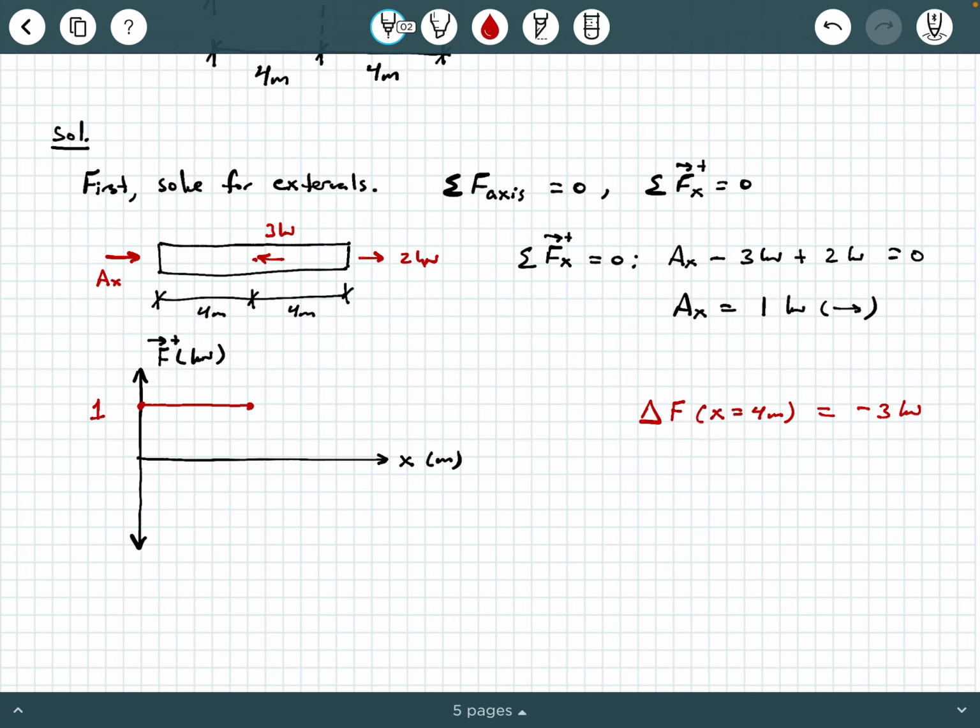The change in axial force when I get to x equals 4 meters, this spot right here, is going to be 3 kilonewtons pointing to the left, which in our case, left indicates negative. So what does that mean? That means that we're going to drop down all the way to what? What do you think we're going to drop down to? Are we going to drop down to -3?